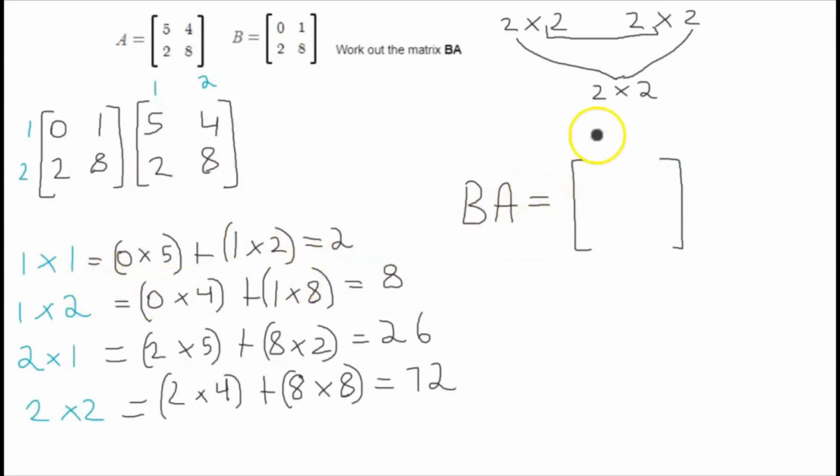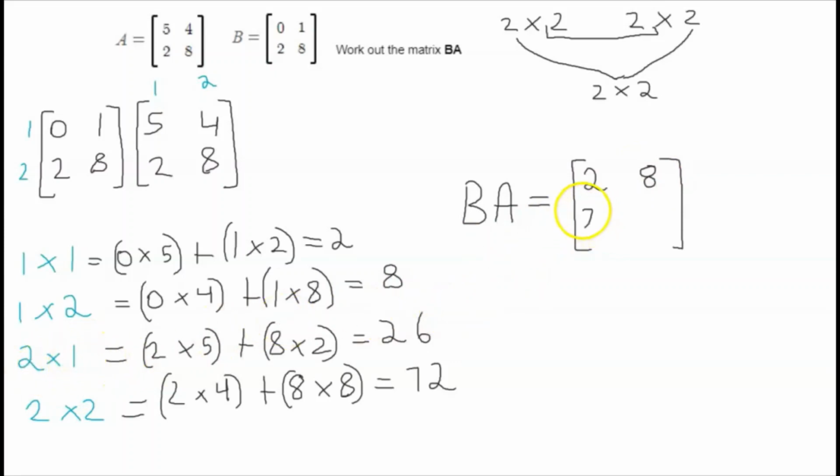So the first column and the first row would be right here, so the number 2 goes here. The next number is 8, so that will be in the first row and the second column, right here. This third one would be the second row and the first column, so this would be 26.